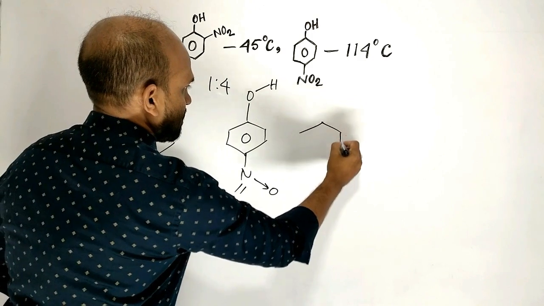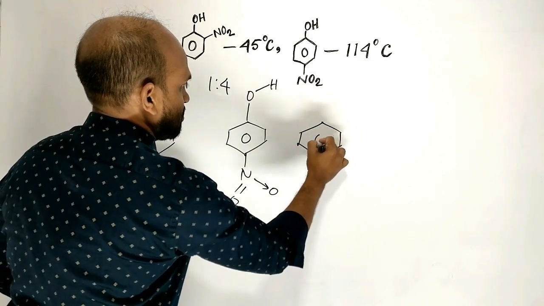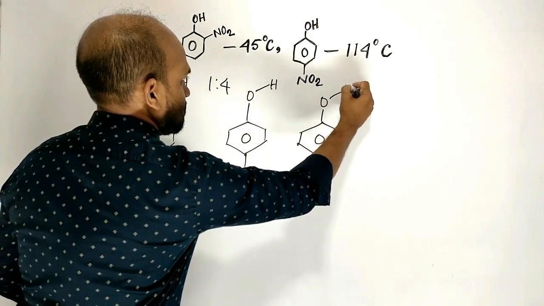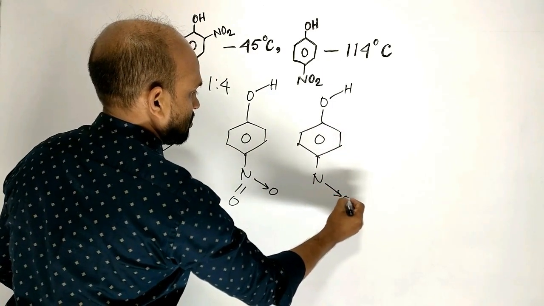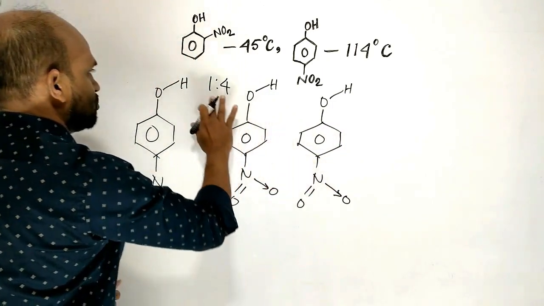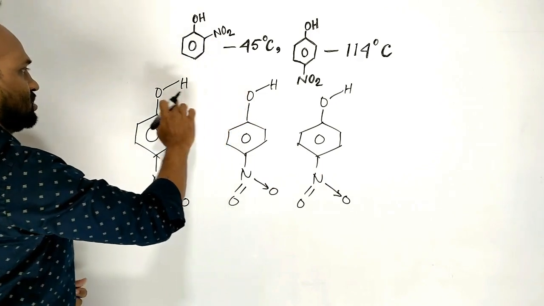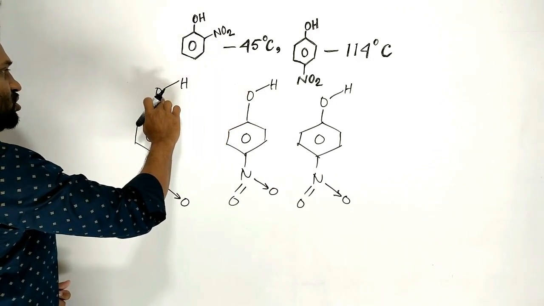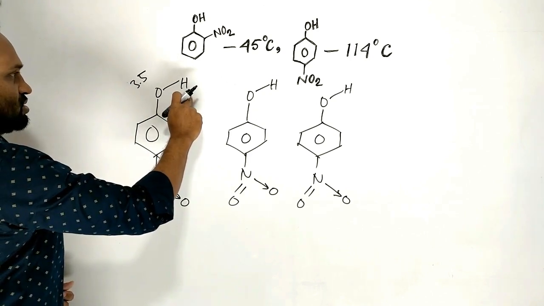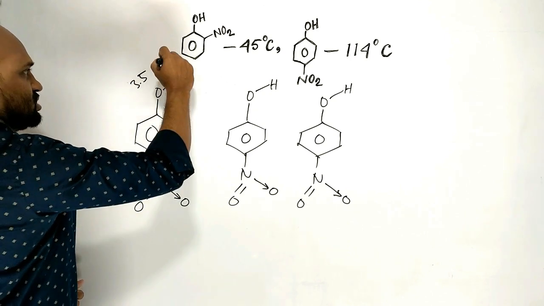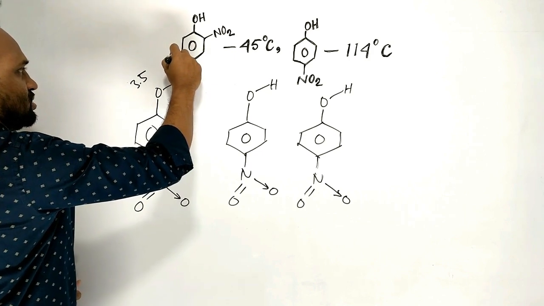Let's write another paranitrophenol. Here we see that the electronegativity of oxygen is 3.5. On the other hand, the electronegativity of hydrogen is 2.1.